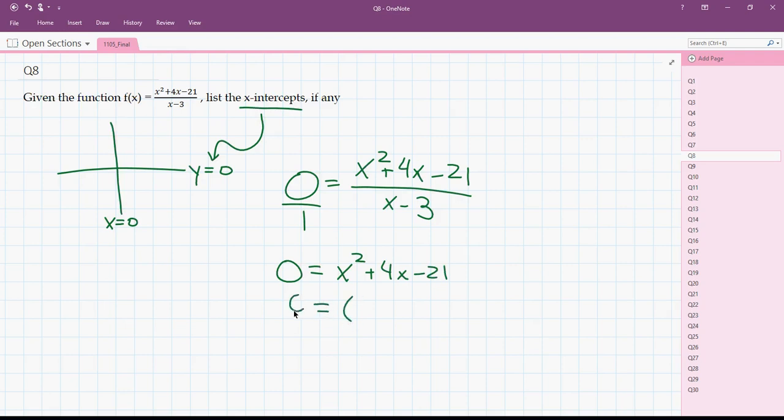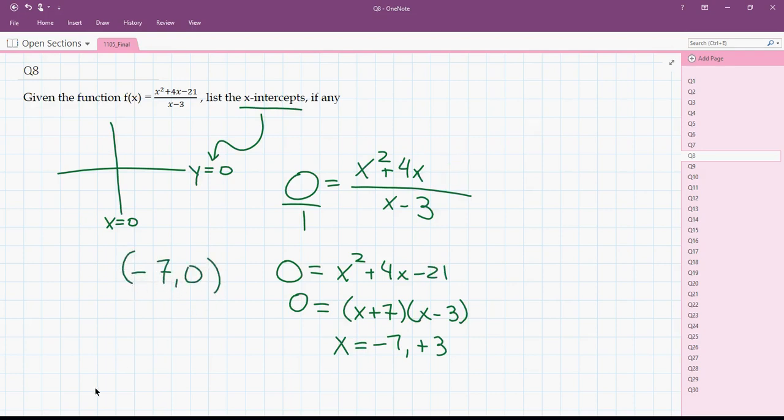So in that case, we have x plus 7 and x minus 3, giving us x values of negative 7 and positive 3. Now, formally, since this is asking for x-intercepts, they should be coordinates. So your answer is actually negative 7, 0 as a point, and positive 3, 0 as a point.